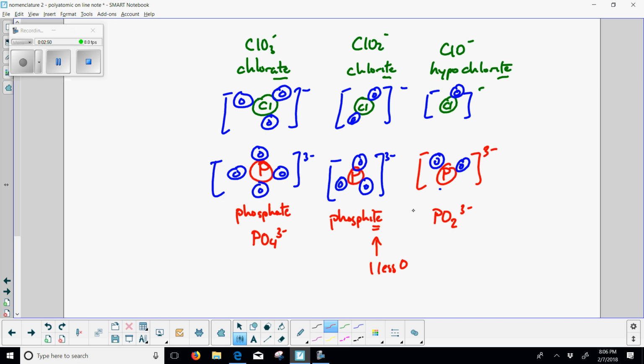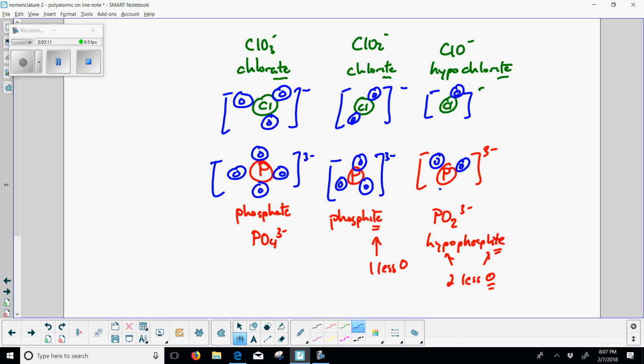But remember, we cannot call this phosphite or phosphate. This is called hypophosphite. So the hypo and the ite indicate that this has 2 fewer oxygens. That's about as far as you can go on this side.